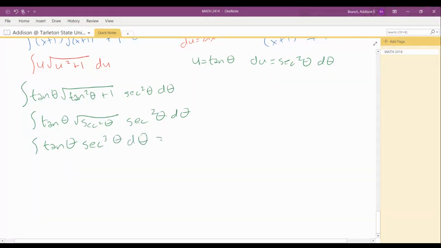So now this goes back to last week whenever we just did normal trig integrals, not necessarily trig substitution. So right here, let's go ahead and bracket off a tangent secant and then the secant squared.